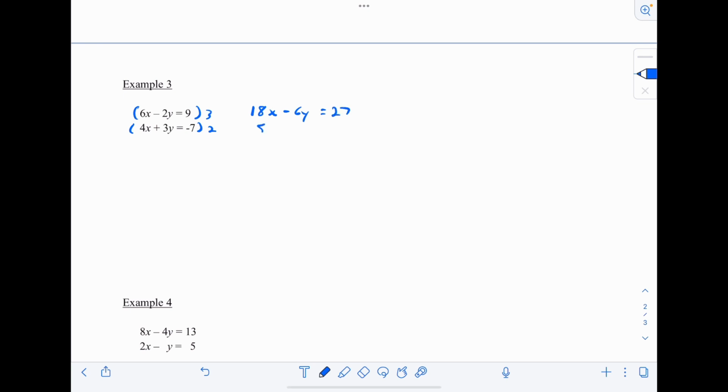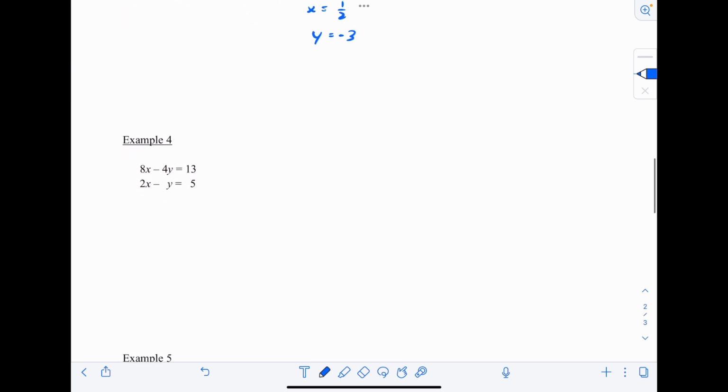In the bottom, we get 8x plus 6y equals -14. And in this case, noticing that I've got a positive and negative coefficient for y, I'm just going to add these two together. 26x equals 13. X is 1/2. And again, if we were to plug that back in and solve, we get y equals -3.